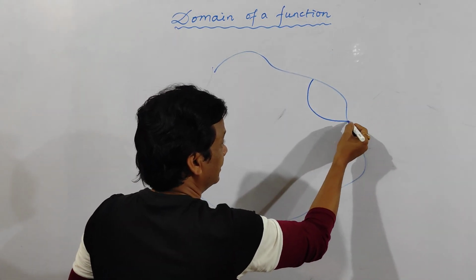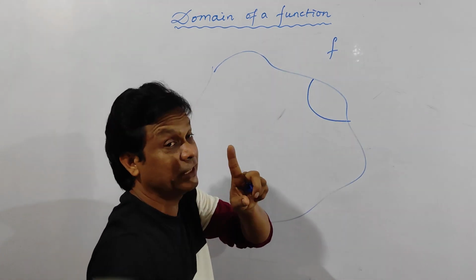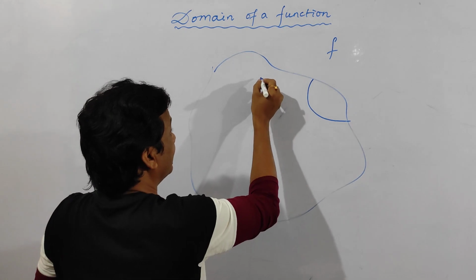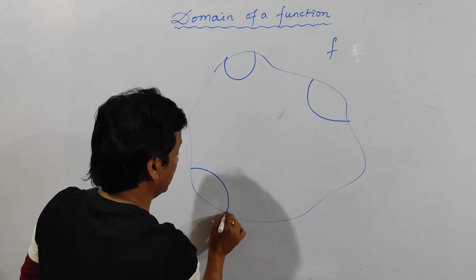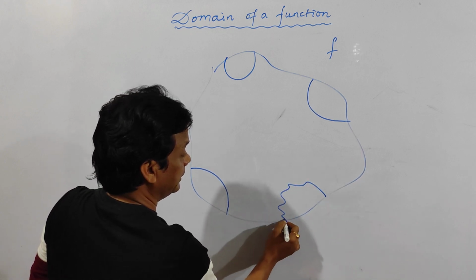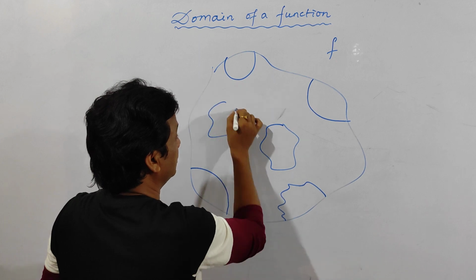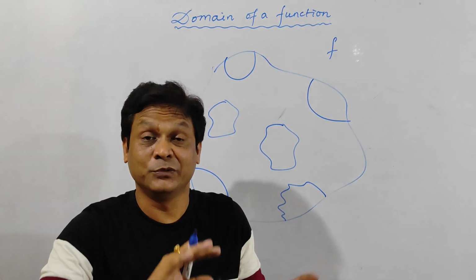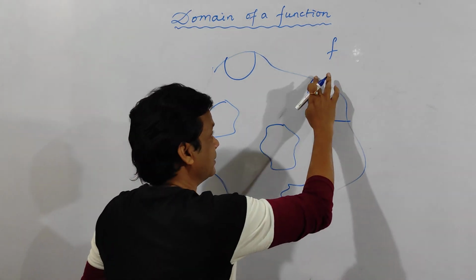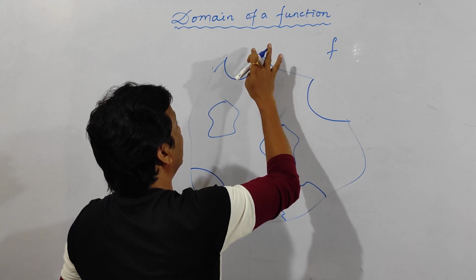In this part, let f be a function. In this region, the function is undefined. In this region also it is undefined. In this region also it is undefined. And in this region it is undefined. So remove these regions from the world. That means you will get this one and this much.